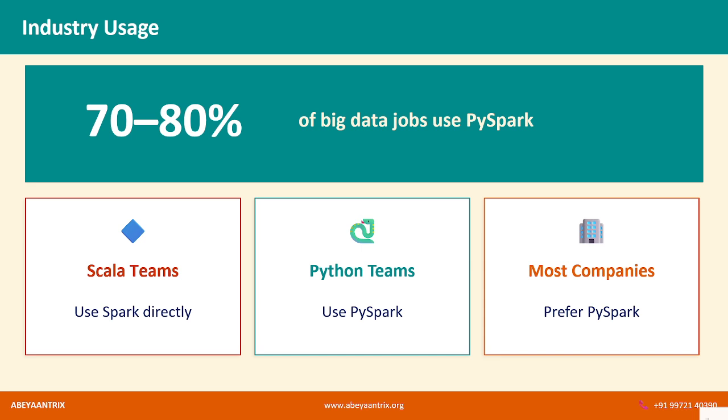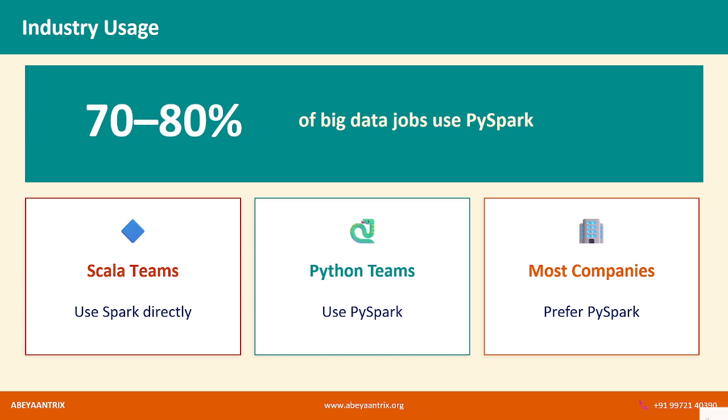Okay, 70 to 80%. In industry they have a Scala team and a Python team. Python teams use PySpark. Scala teams can use Spark directly because Spark is written in Scala. It is like you are growing rice in India, you can access it directly. But other countries that don't grow rice have to import it, and I need to export it.